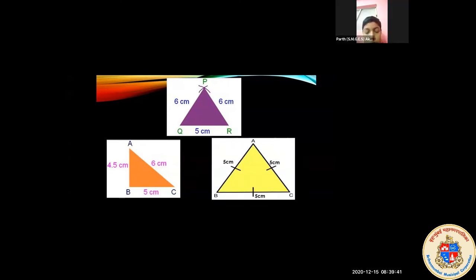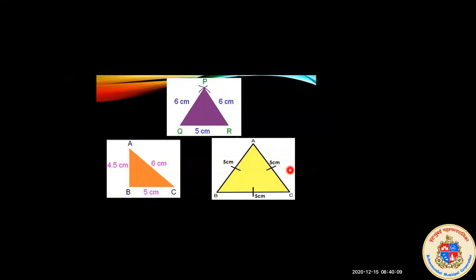Now one more is there. Which triangle is it? You have to tell me. Triangle ABC. Now here all the measurements of the sides are 5 centimeter. Tell me which triangle it is. Equilateral triangle.